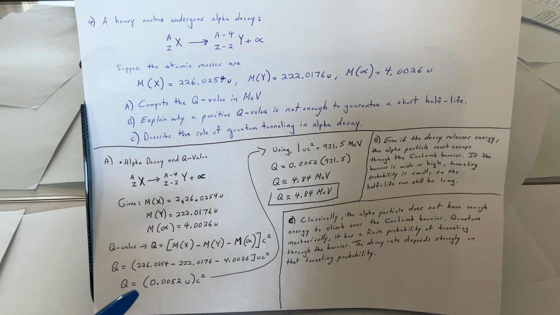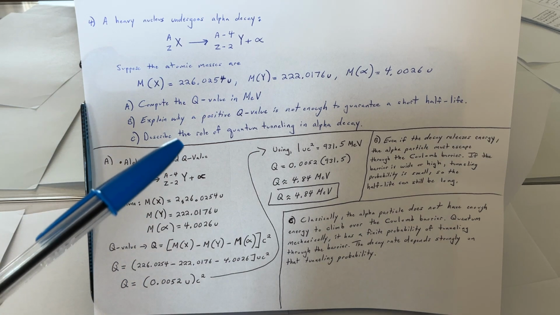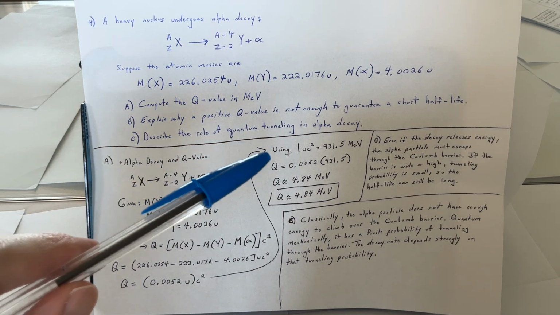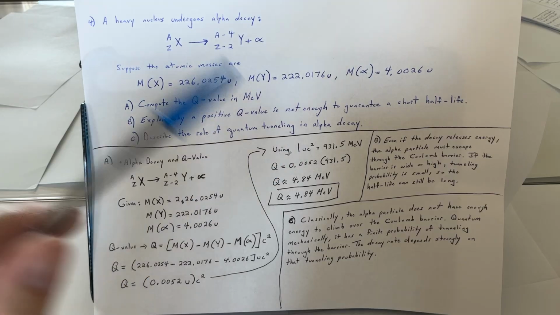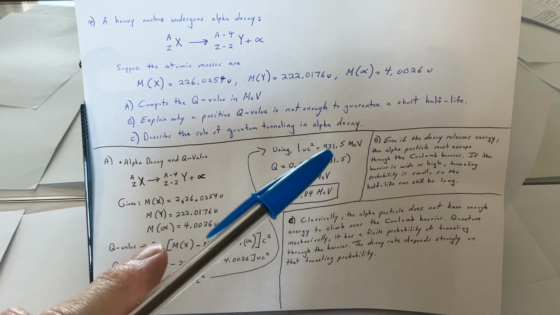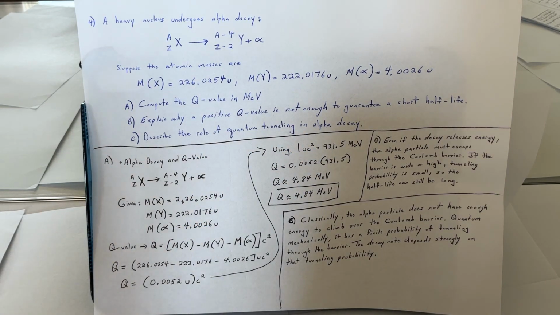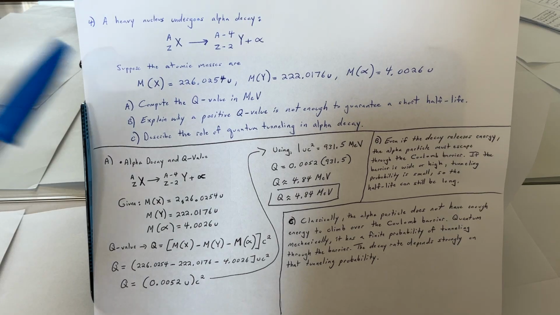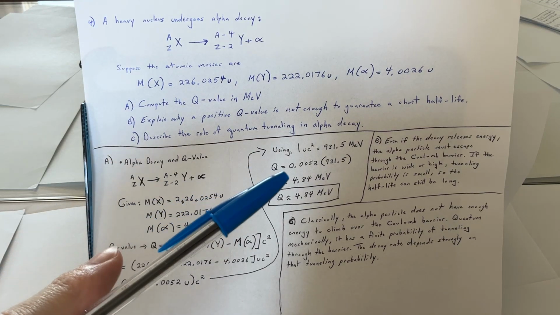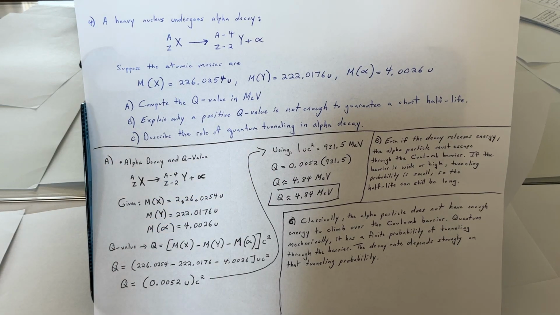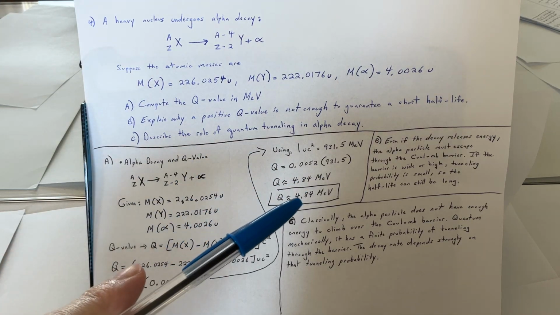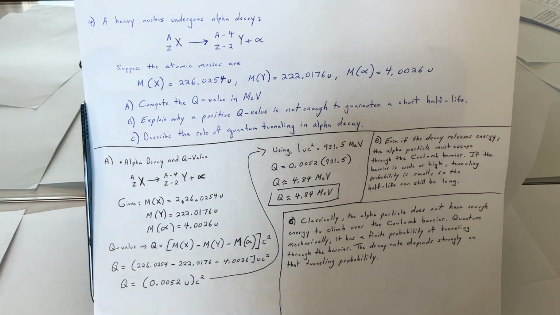We wind up with Q equals 0.0052 u times c squared. Using 1 u c squared equals 931.5 mega electron volts, we substitute in: Q equals 0.0052 times 931.5. We get Q is approximately 4.84 mega electron volts.